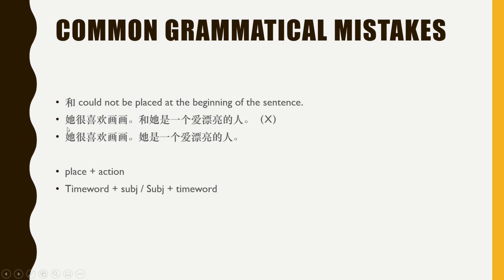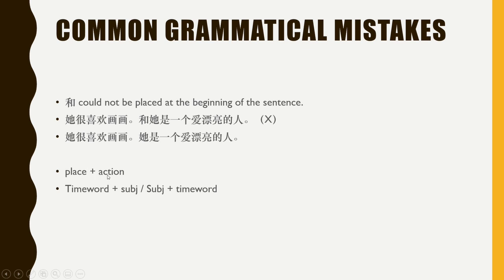Let's say this one, 他很喜欢画画和他是一个爱漂亮的人. We don't use it like that. We just full stop. 他很喜欢画画 full stop. 他是一个爱漂亮的人 full stop. If you want to use 和 we only use A 和 B, or A, B, 和 C.